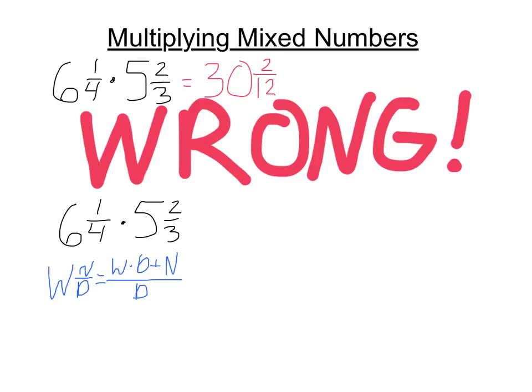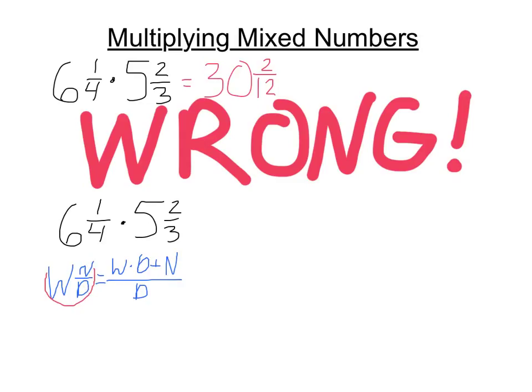So that's my formula for changing a mixed number into an improper fraction. Also remember that it kind of follows this U shape. So we've got the whole number times the denominator plus the numerator.